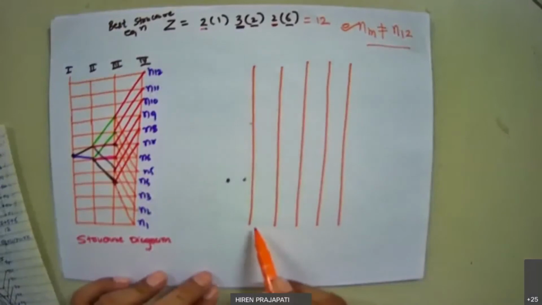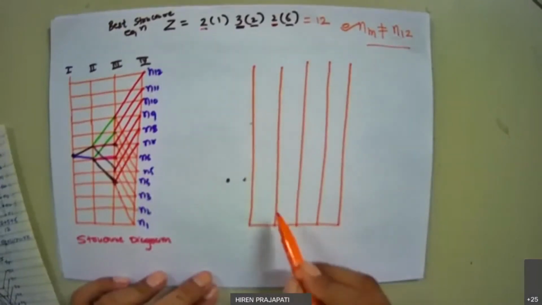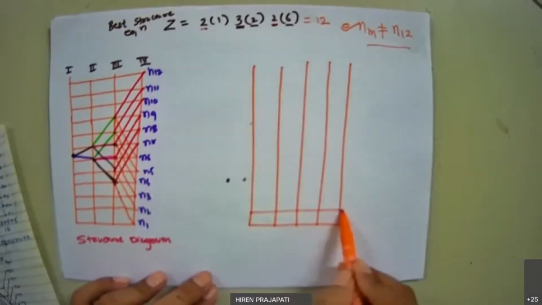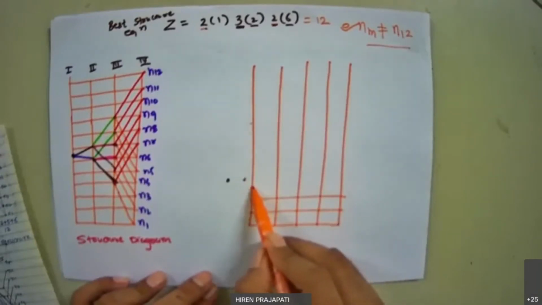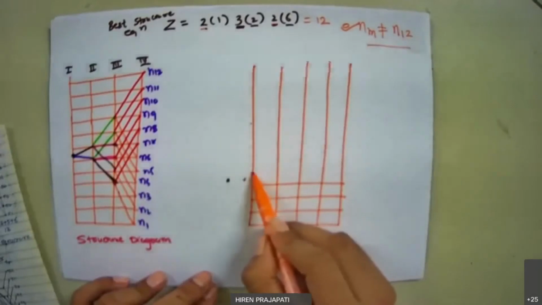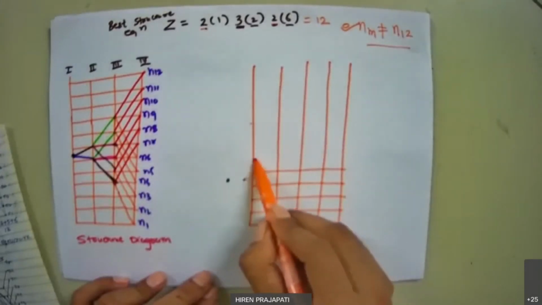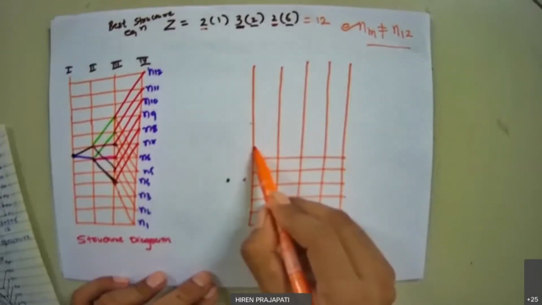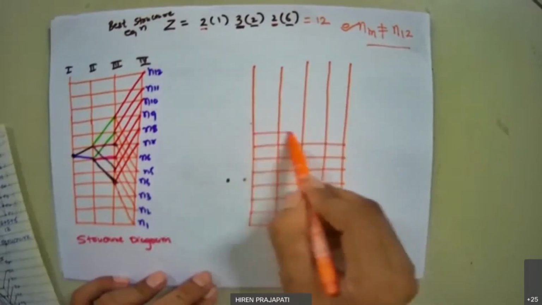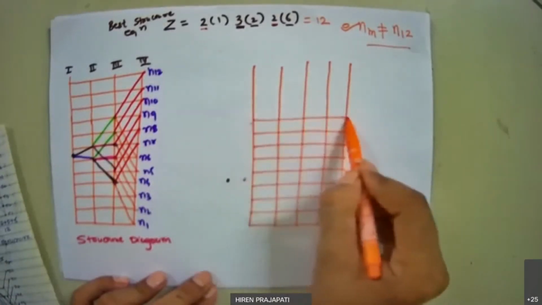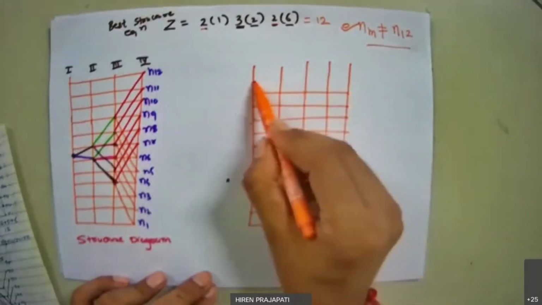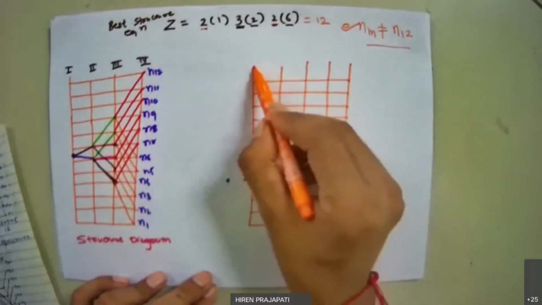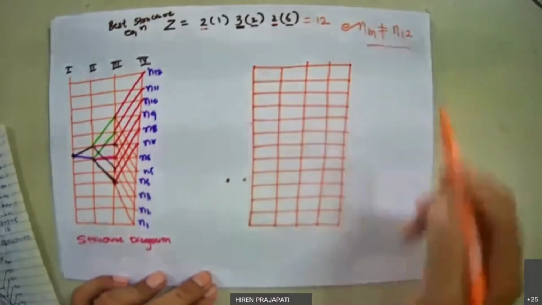So this is n1, n2, 3, 4, 5, 6, 7, 8, 9, 10, 11, 12, and the last line to indicate nm, right?